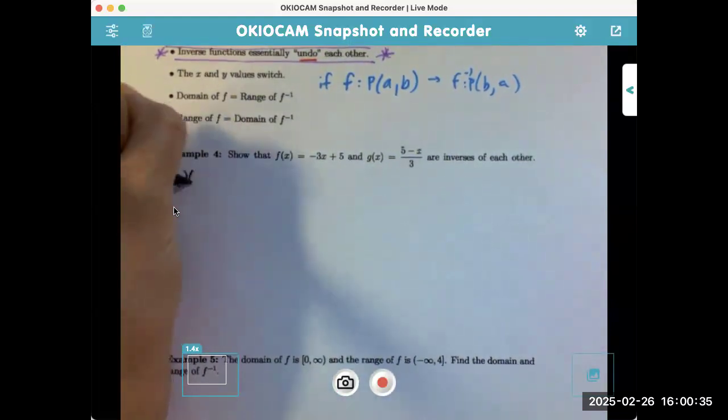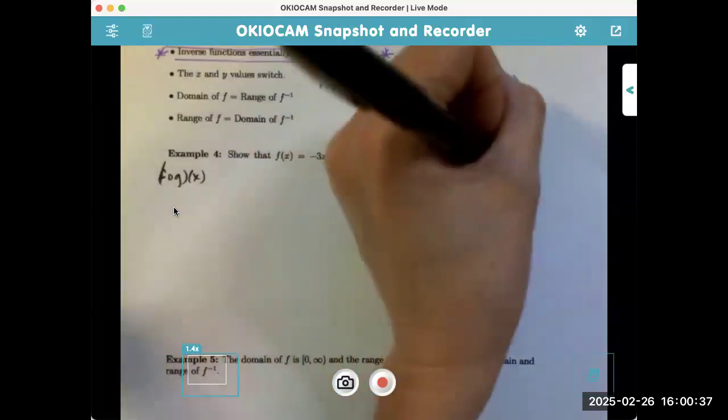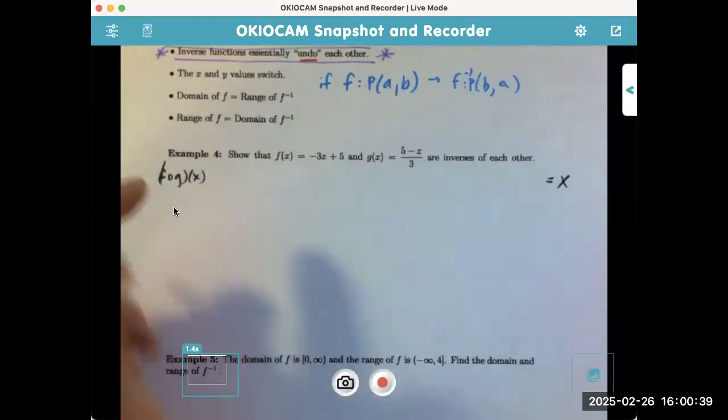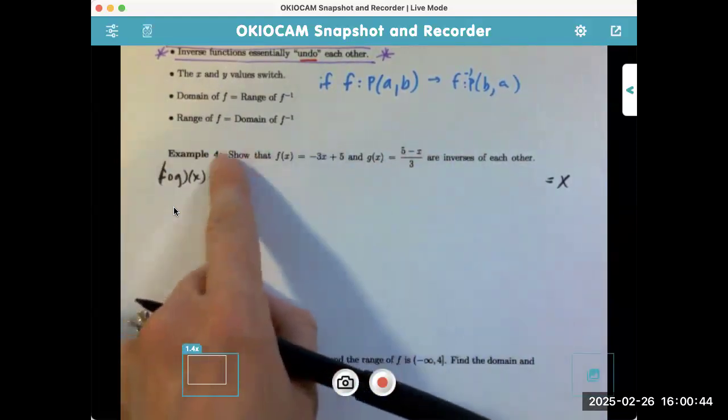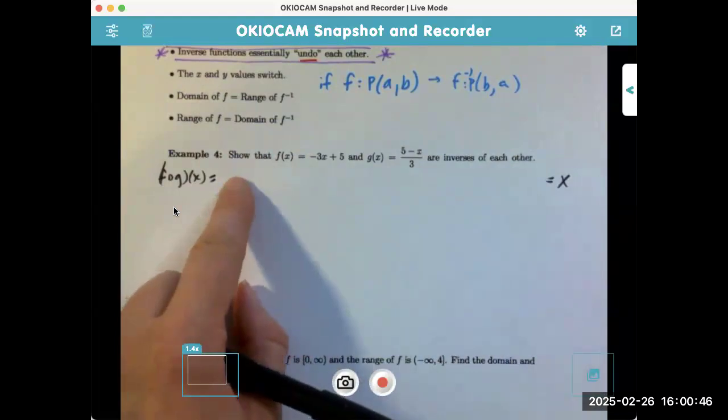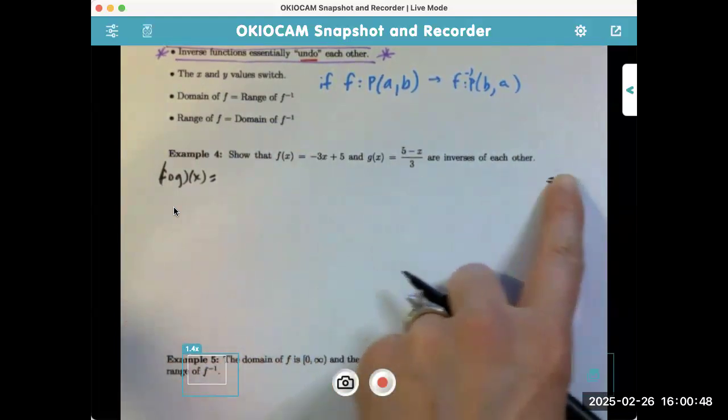So one way to show that functions are invertible is that you take the composition of both. Whatever happens in here, it better be like the wash cycle and drying. Whatever is acted upon must also be undone.